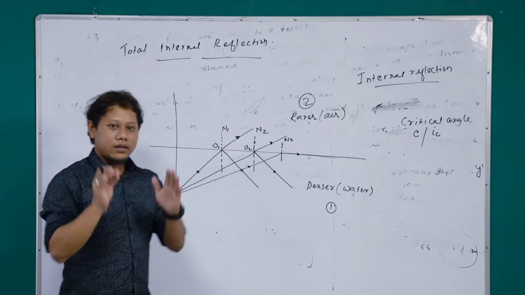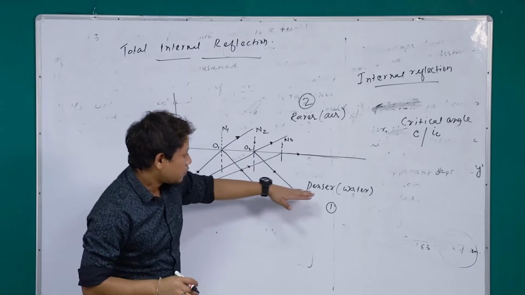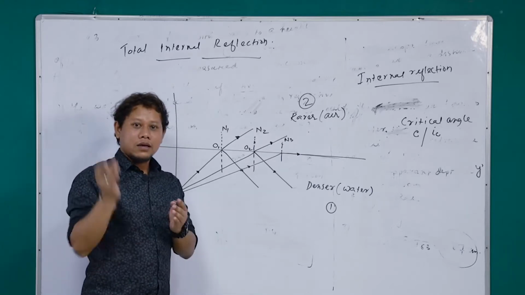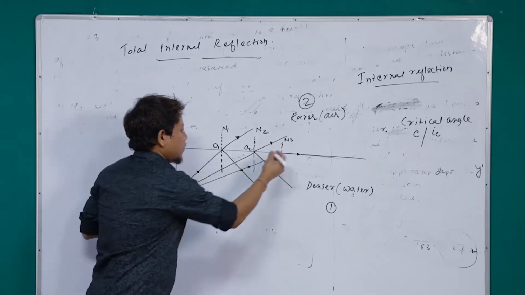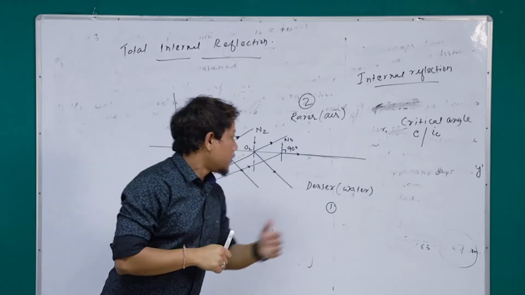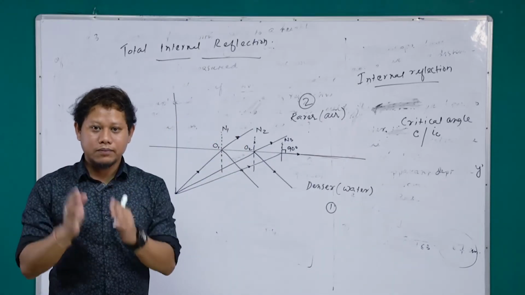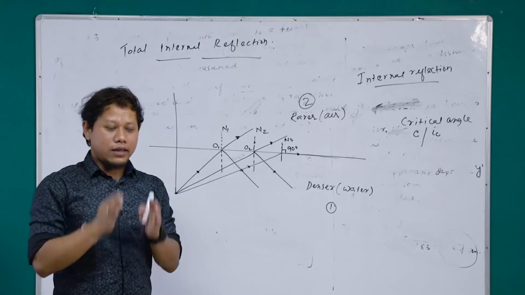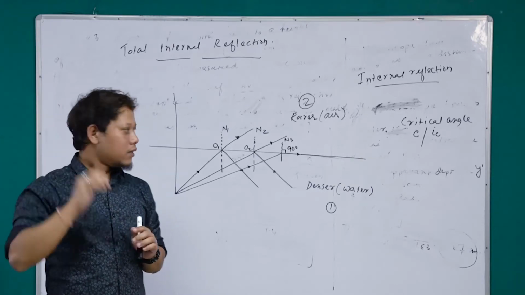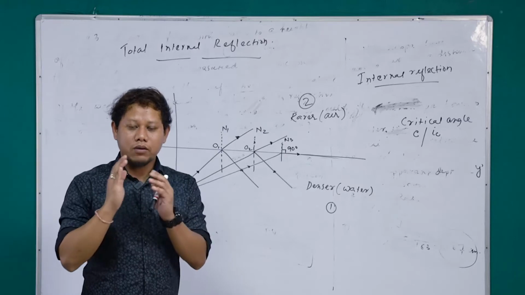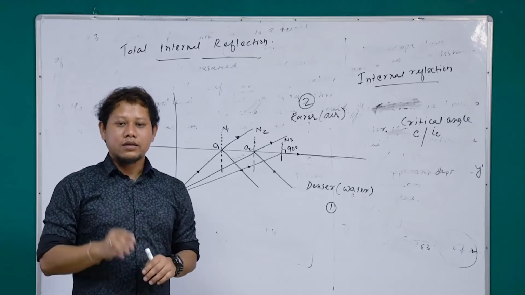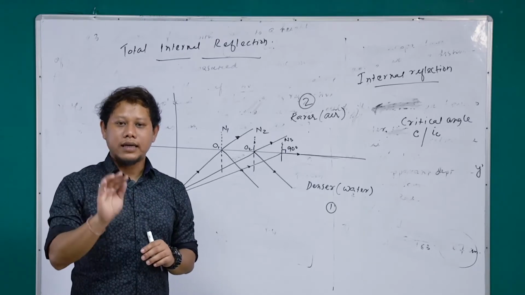When the ray of light is traveling from denser medium into rarer medium and is incident at such an angle for which the angle of refraction is 90 degrees. So the critical angle for a pair of media can be defined as the angle of incidence in denser medium for which the angle of refraction in rarer medium is 90 degrees. Is it clear? I repeat, the critical angle for a pair of media is the angle of incidence in denser medium for which the angle of refraction in rarer medium is 90 degrees.